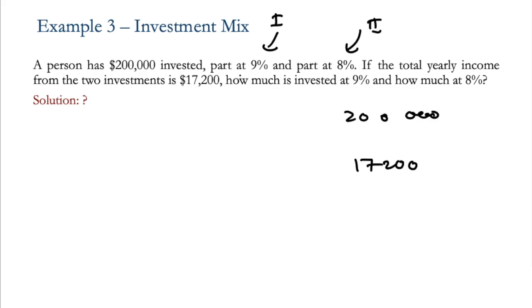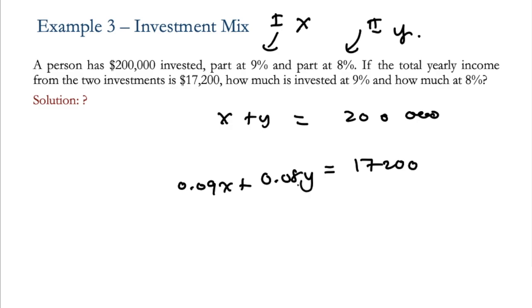So let's say the first investment we call it X, the second one we call it Y. So if you have X plus Y, you get total investment which is 200,000, isn't it? But in terms of total dividend earned, you have 0.09x plus 0.08y, isn't it? Then you need to solve it.